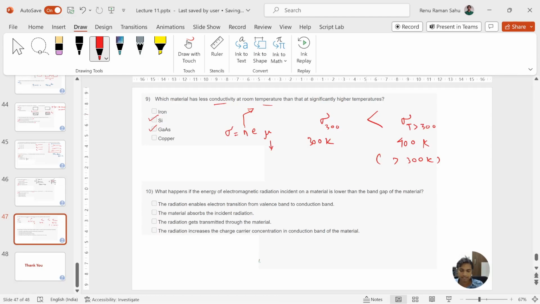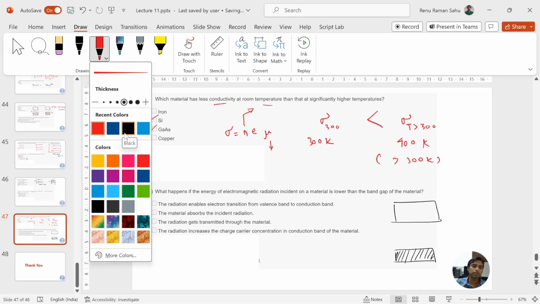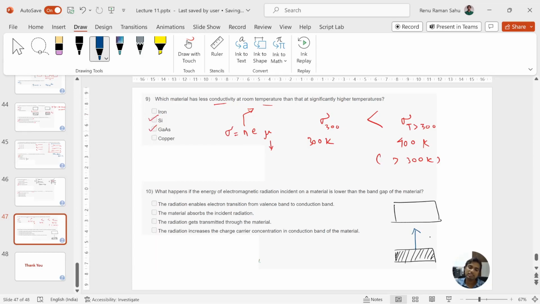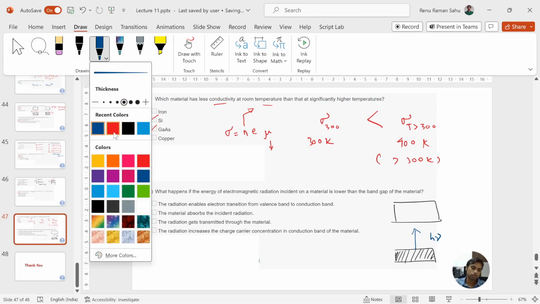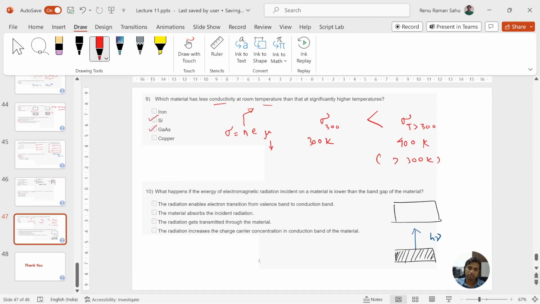Just to give you the perspective, you have the bands, and the energy of the electromagnetic wave, h nu, is less than the band gap, Eg.